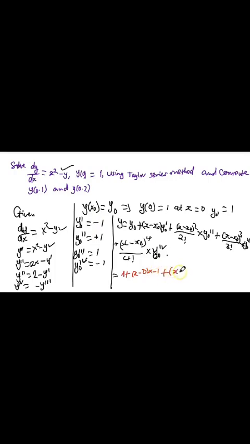plus we have x minus 0 again, squared, divided by 2 factorial, times our y naught double prime. Y naught double prime is plus 1, so multiply this by 1, plus we will have our x minus 0 cubed, divided by 3 factorial, multiplied by our y naught triple prime, which is 1, so multiply this by 1.